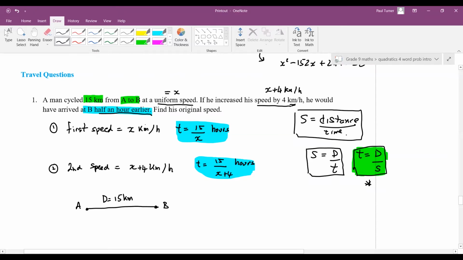So this number here is going to be the longer time, isn't it? Yes, because when you have X kilometers an hour, but when you increase your speed, the time will be shorter, isn't it? So when your father drives you faster to school, you'll get there quicker, right? So this is going to be the shorter time.